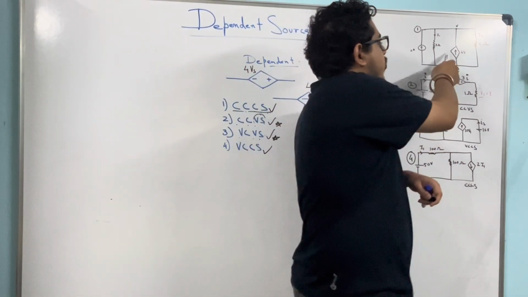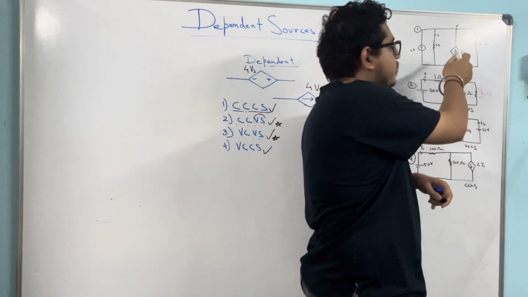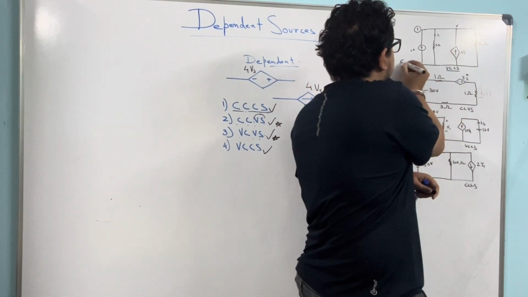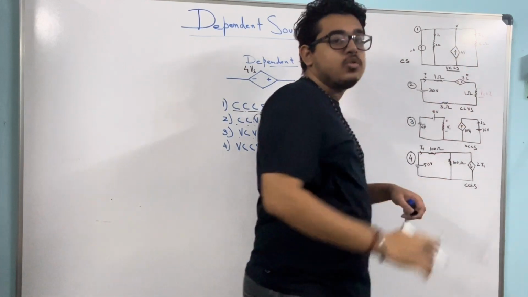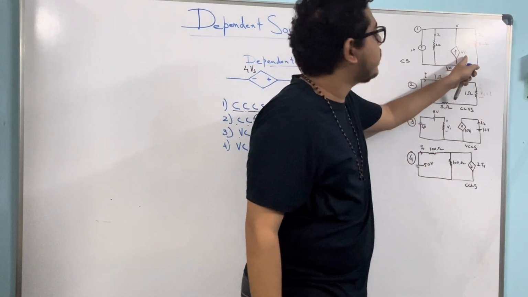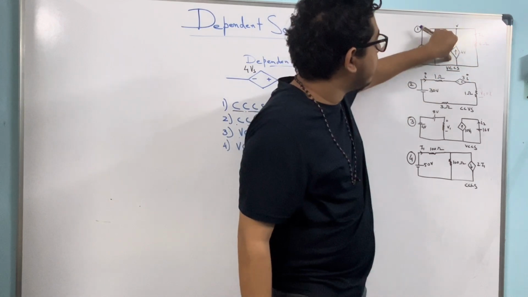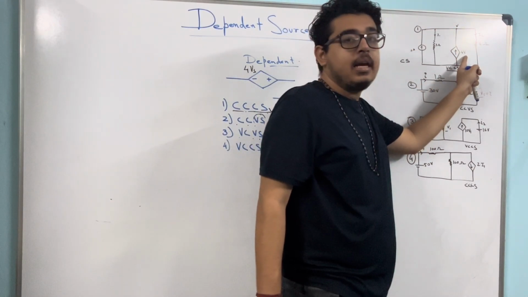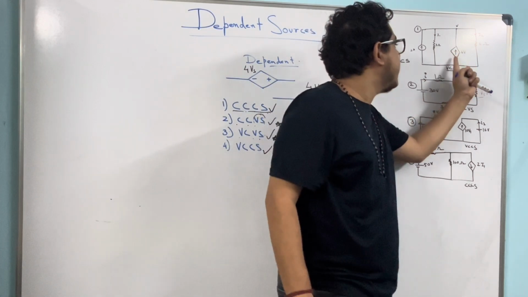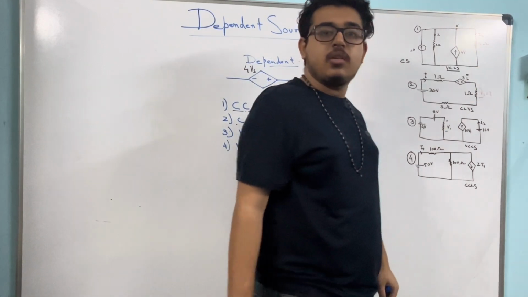So here we have a source. It is a current source. Correct? Arrow is there, so it's current. So the value of the current is given as 4V. It is not the potential difference. It is the 4V magnitude of current flowing in this branch. Okay.